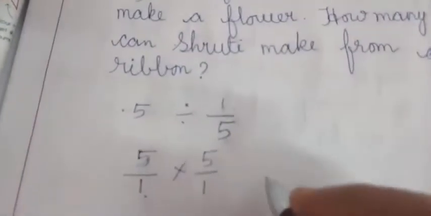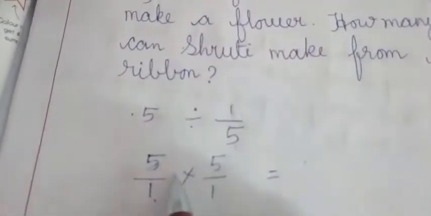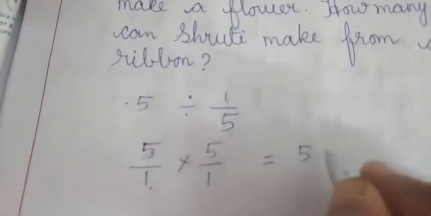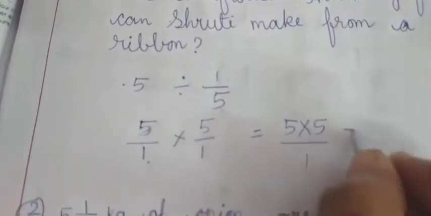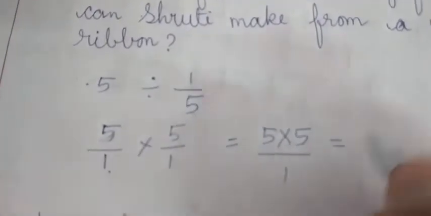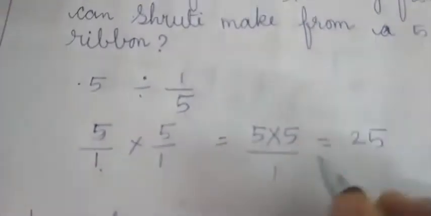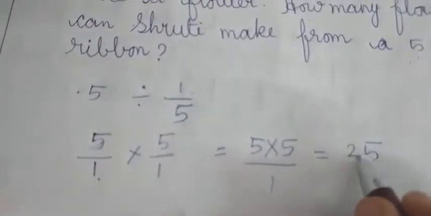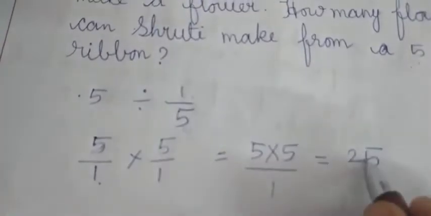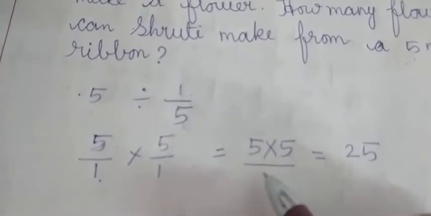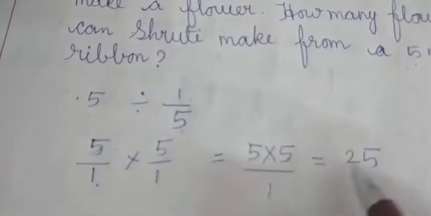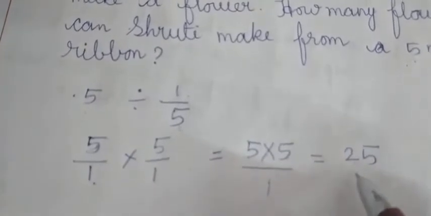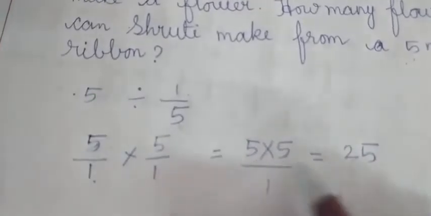Now the next step, what we have to do? We have to multiply. 5 is multiplied with 5 below 1. 5 5s are 25. This one has no value, right? Here we cannot use any shortcut method to bring it to the lowest term. Directly we multiplied 25. 5 5s are 25.